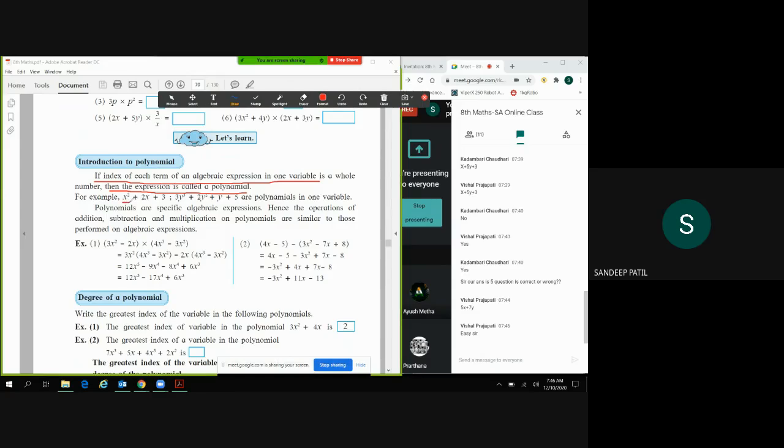So each term is in one variable, and the index of each term, whatever the variable is, should be a whole number. If that holds, then that is called a polynomial.